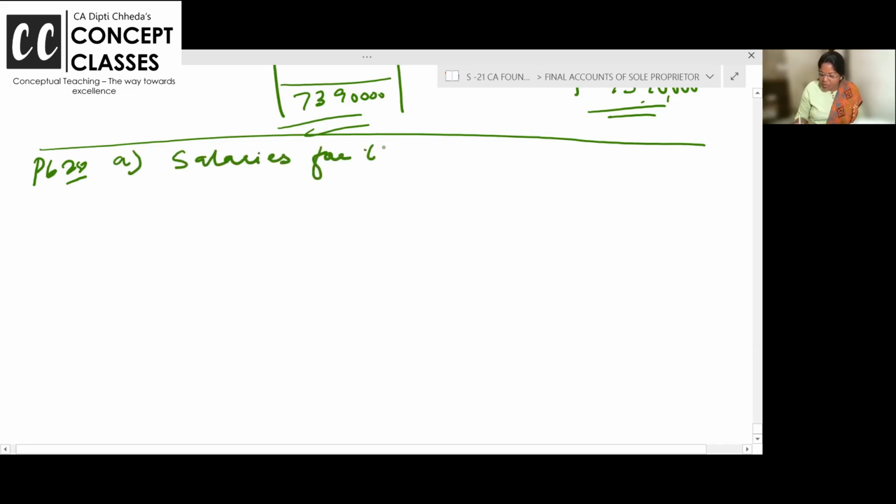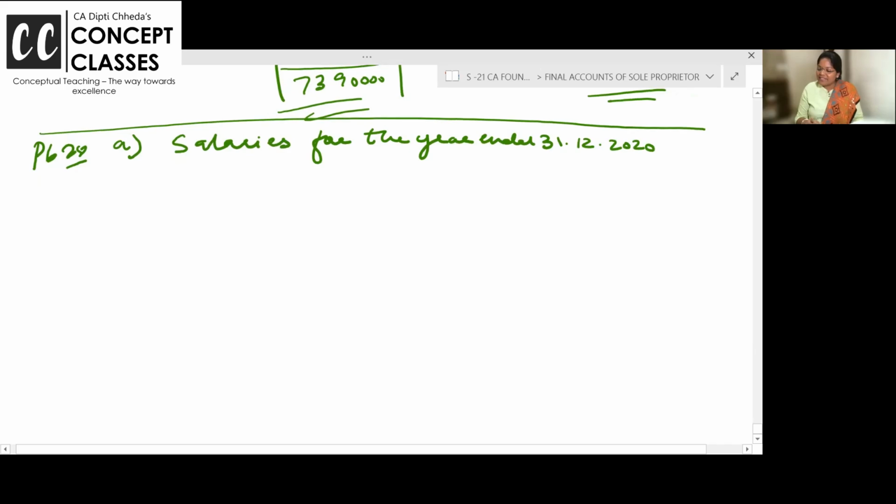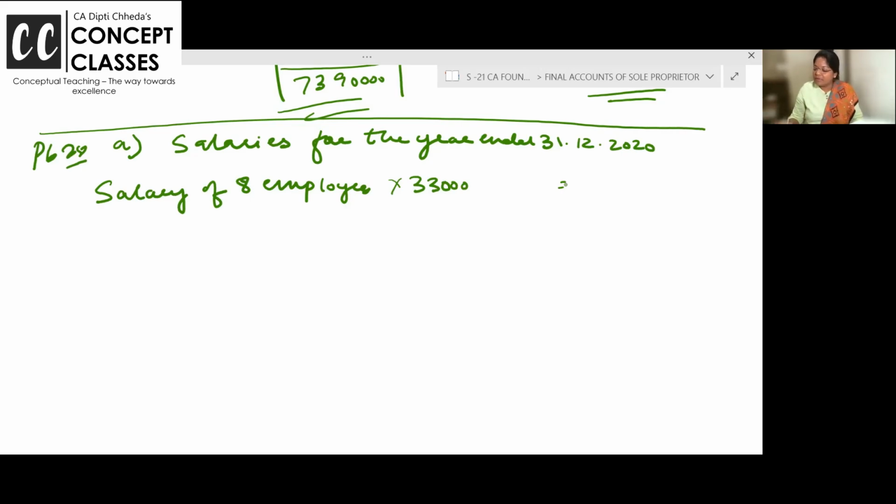Salaries for the year ended 31/12/2020. Now, salary of 8 employees: 8 employees multiplied by 33,000 multiplied by 12.